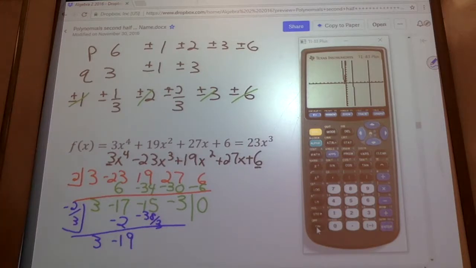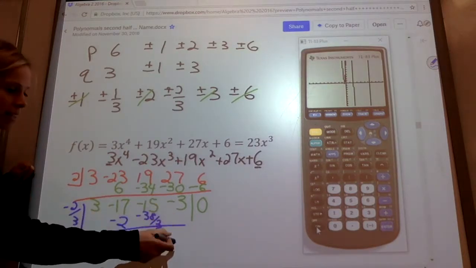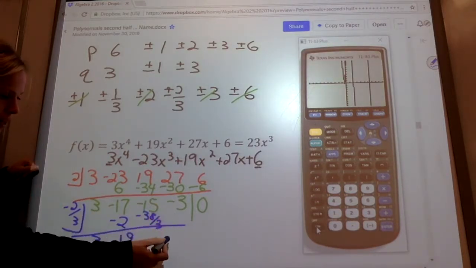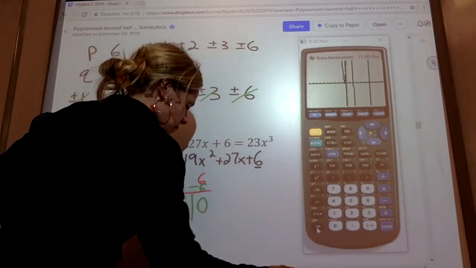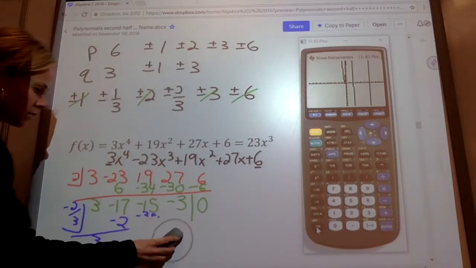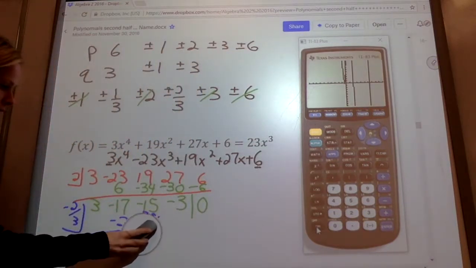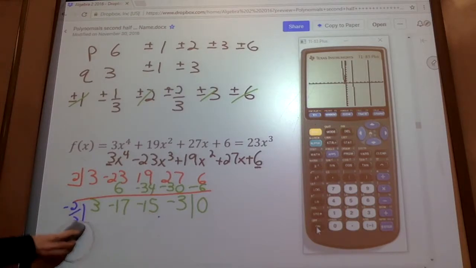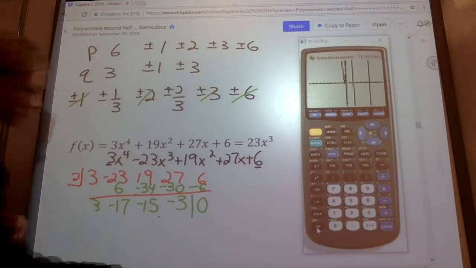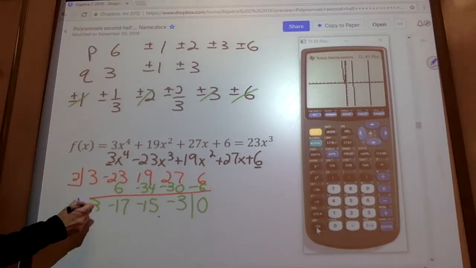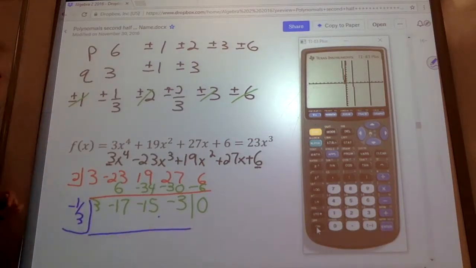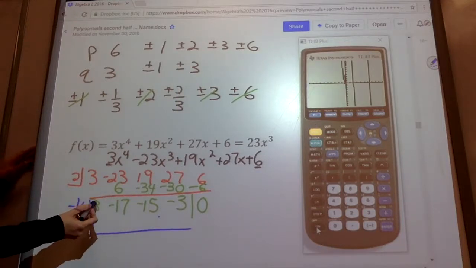Once you start getting some fractions, you can tell it's not going to work out. Okay. So what was my other option? 1/3? I mean, you could keep going on that, but once you start getting some crazy fractions, that's usually a sign that that one's not going to work. Good guess, though. It could have been either one. So hopefully this one works, otherwise I'd go back and check my math.